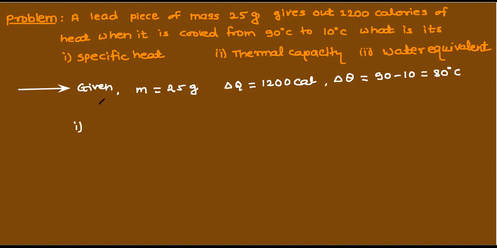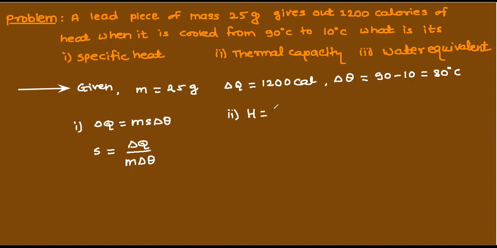Now number one, can you do yourself? You know delta Q is equal to M S delta theta. Therefore, S is equal to delta Q by M into delta theta. Do it yourself. Second one, what he is asking? Thermal capacity, that is heat capacity.